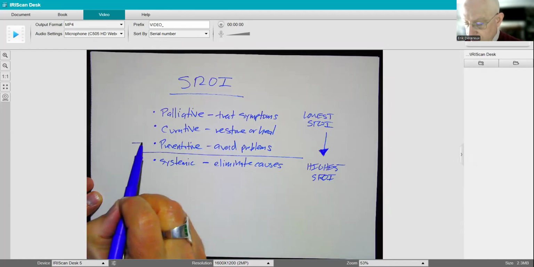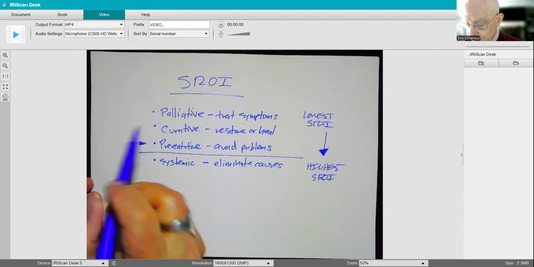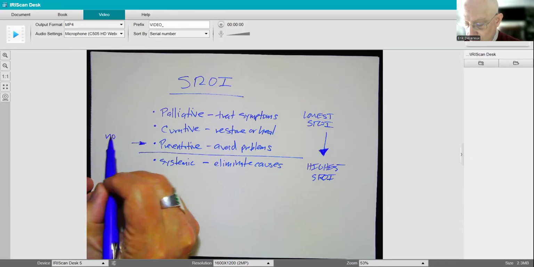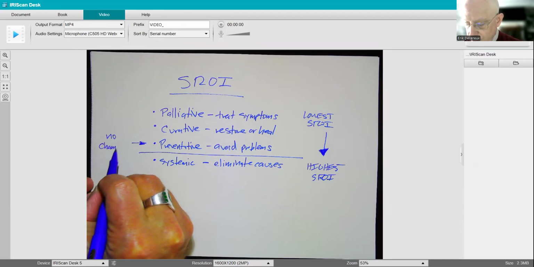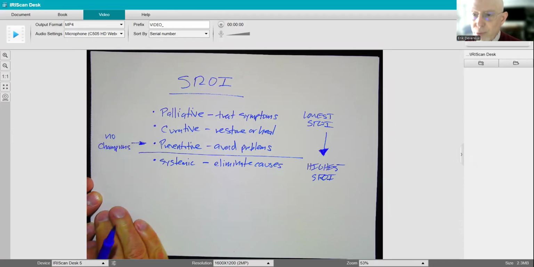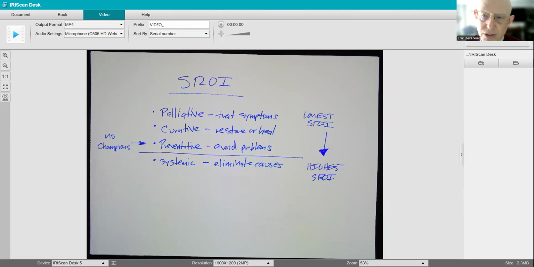One of the problems that I will identify immediately up front is there are often no champions for preventative approaches, because prevention, one person's prevention, means another person loses their profit. And the place where this really becomes problematic is in the healthcare system.